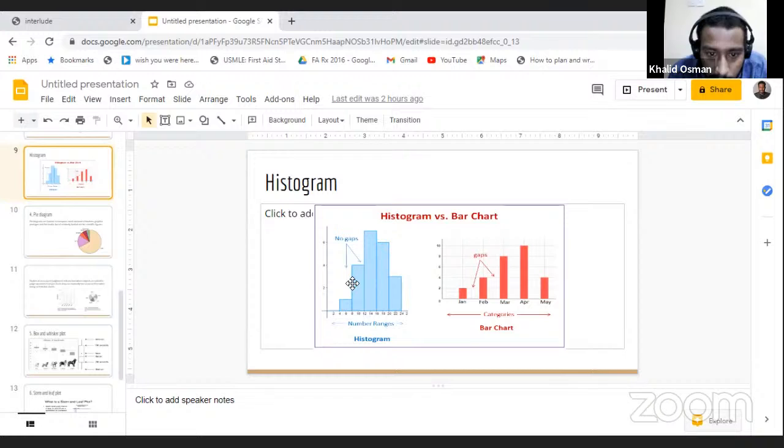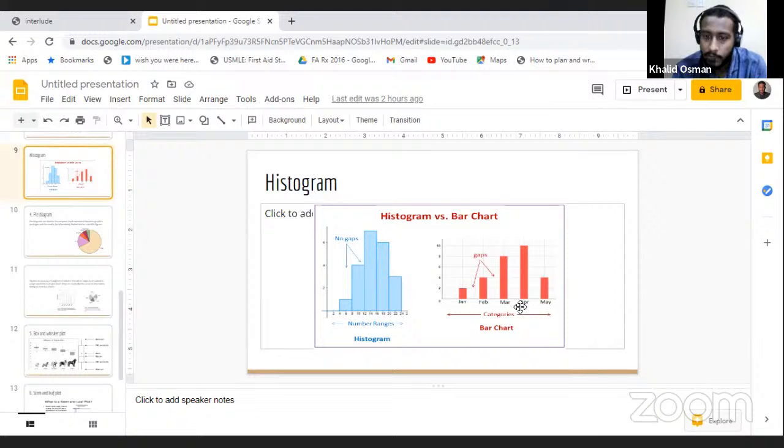If you see here in this histogram, these are ranges. So this here represents 4 to 8, and this is 8 to 12, 12 to 18, and so on. So it's a continuous set of data. When your data is continuous, for example, you are examining age, then you divide it into groups, 0 to 10, 10 to 20, and so on, and then you are going to use a histogram.